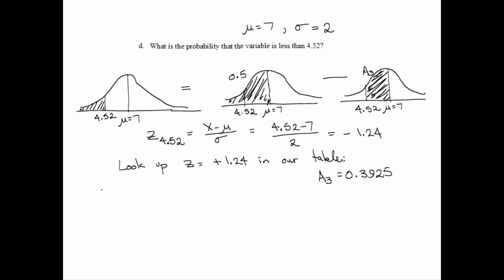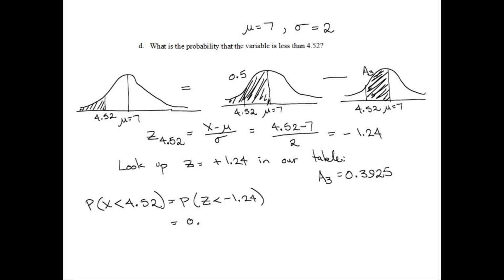Now, how do I find the area that I want? Well, I know I want the probability that x is less than 4.52. That's going to be the same as the probability that z is less than negative 1.24.